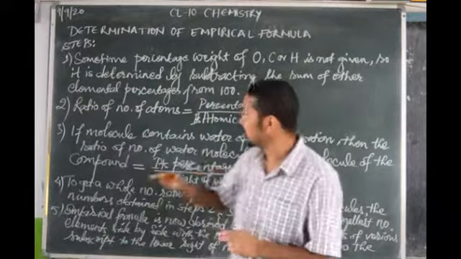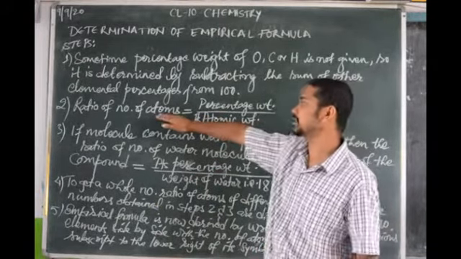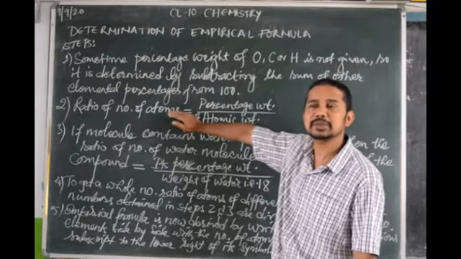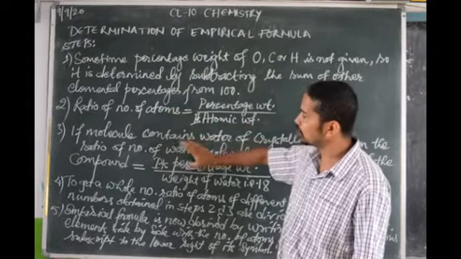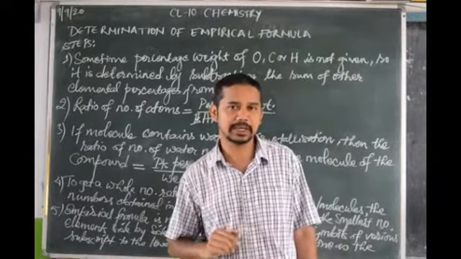So step number 2 and step number 3 are somewhat similar. Here we will be finding the ratio of number of different atoms present in the molecule. Here we will be finding the ratio of number of water molecules present in a molecule.